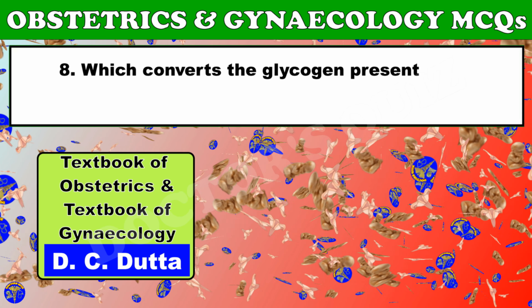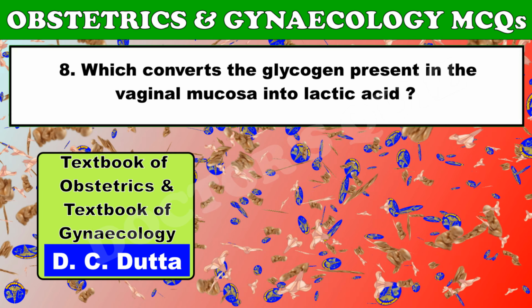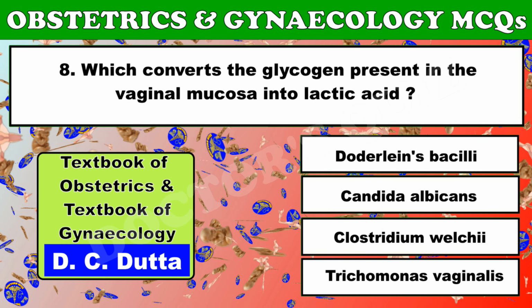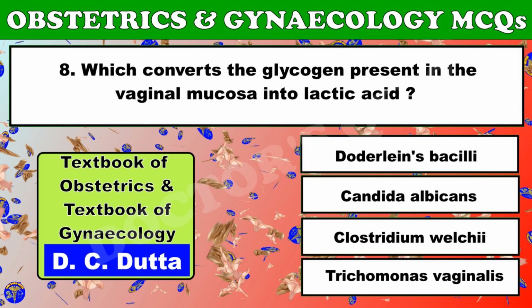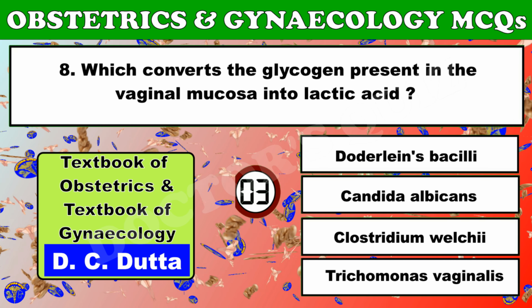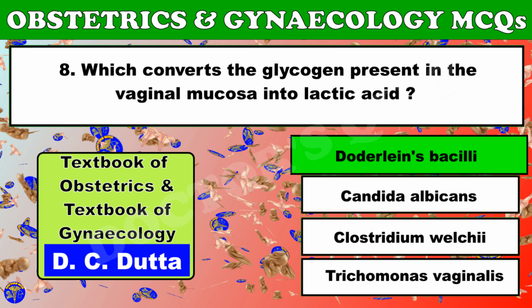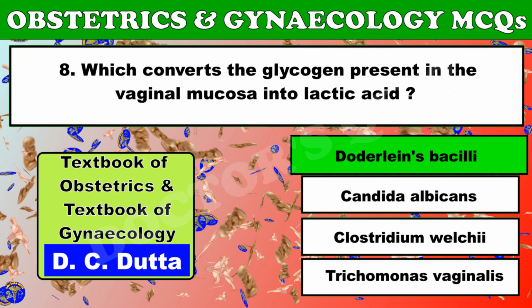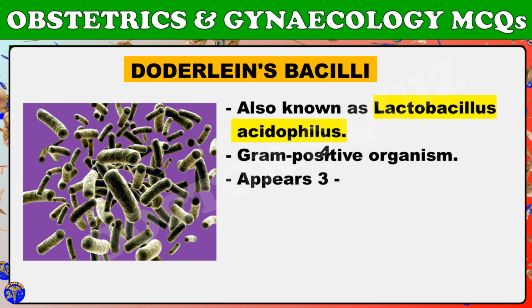The next question is, which converts the glycogen present in the vaginal mucosa into lactic acid? Options are Doderlein bacilli, Candida albicans, Clostridium welchii or Trichomonas vaginalis. Answer is Doderlein bacilli. It is a gram-positive organism, also known as Lactobacillus acidophilus.